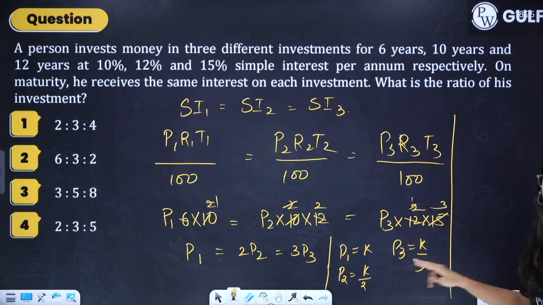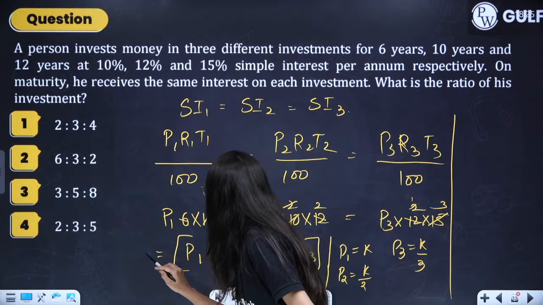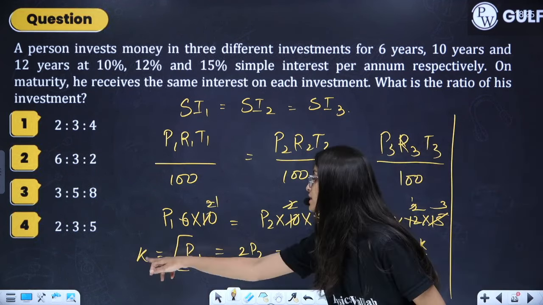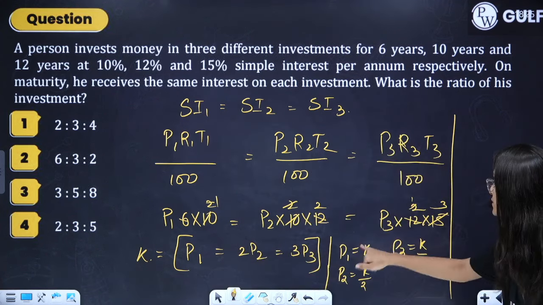As all the 3 are equal, we are equating this to K, as we need to find the ratio. That's why I have done P1 equals K, 2P2 equals K, and 3P3 equals K, and I have obtained this form.